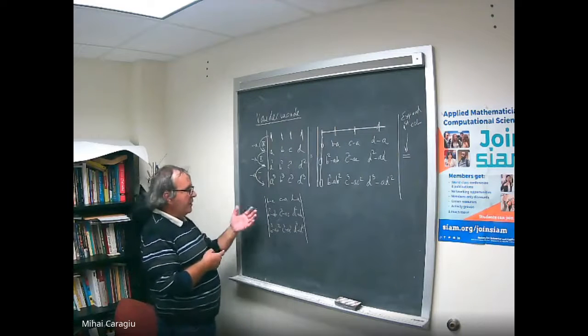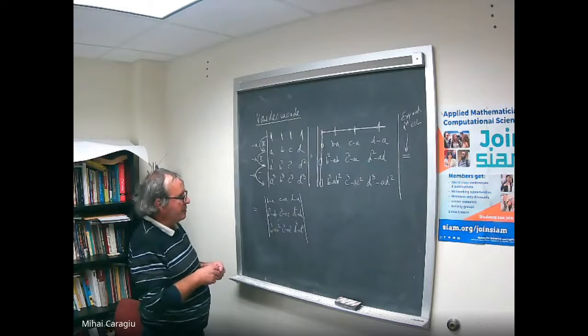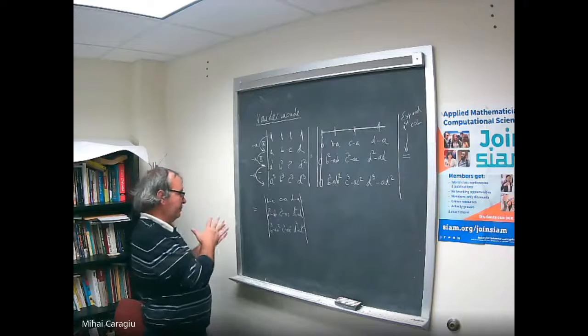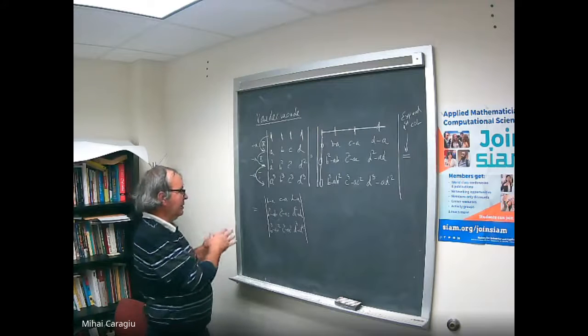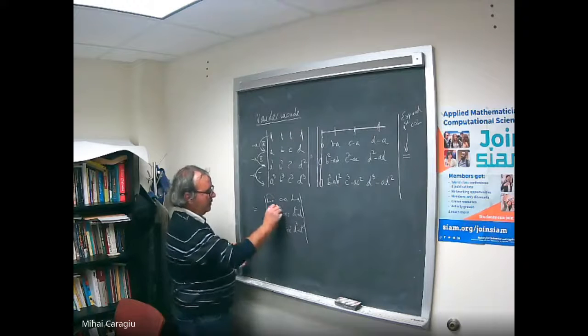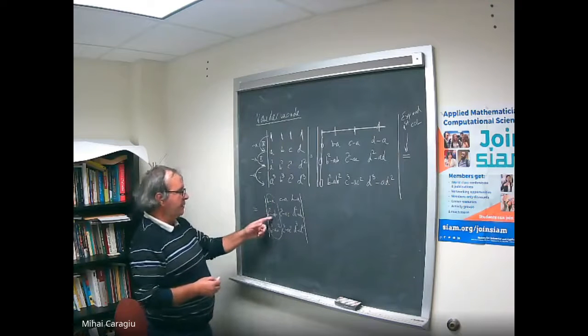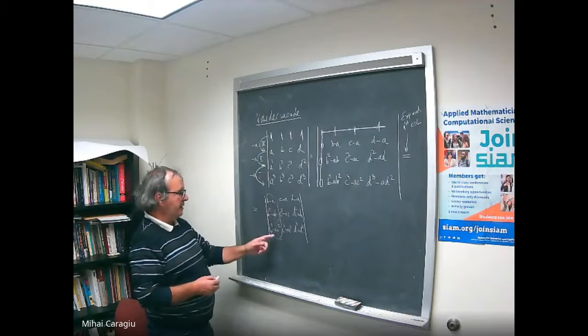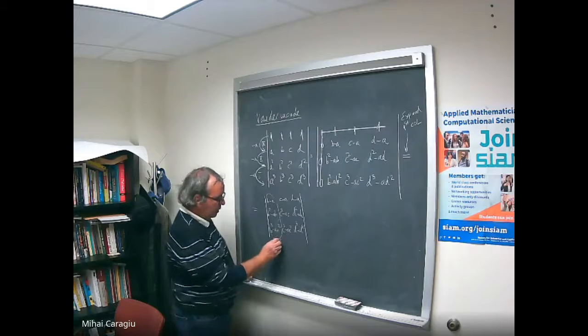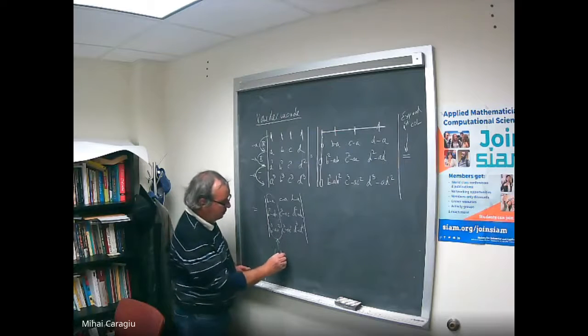In particular, we can rephrase this by taking a common factor along a row or a column as a number before the determinant. Among the entries of the first column, the common factor is b minus a. If we factor, the second is b times b minus a, and the third is b squared times b minus a. So we have a b minus a common factor.